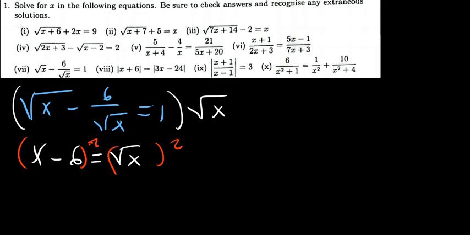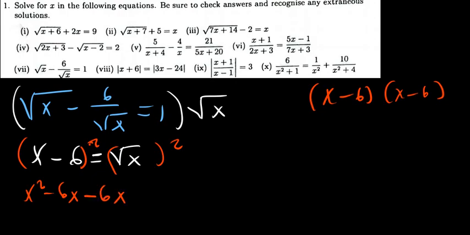So it's x minus 6 squared: x times x is x squared, x times negative 6 is negative 6x, negative 6 times x is negative 6x, 6 times 6 is positive 36, equal to, and the square root will cancel, I'll remain with x.